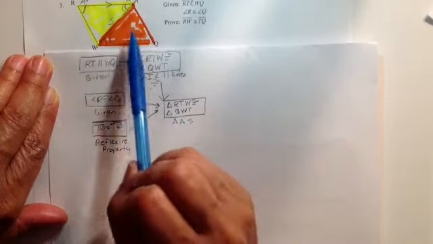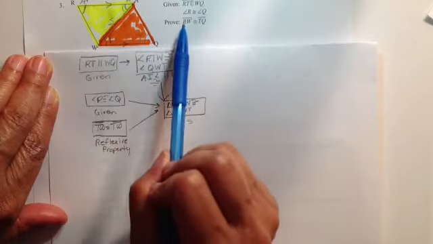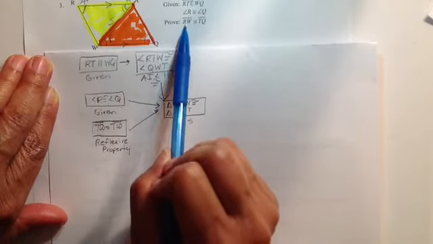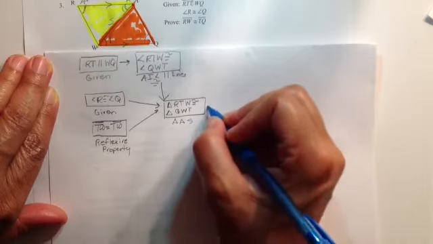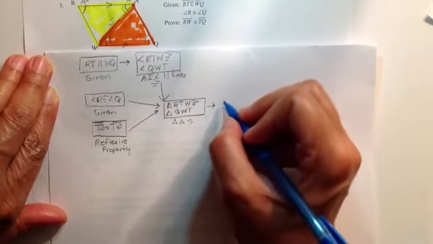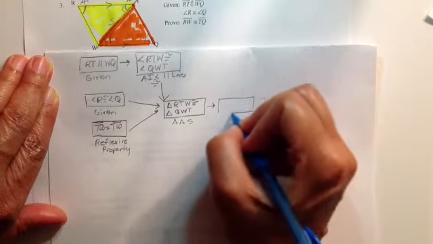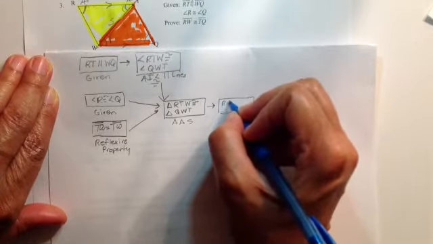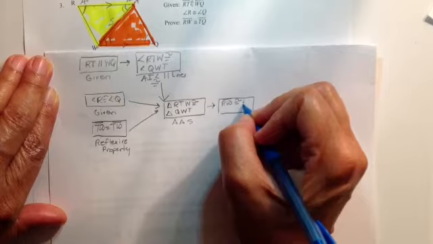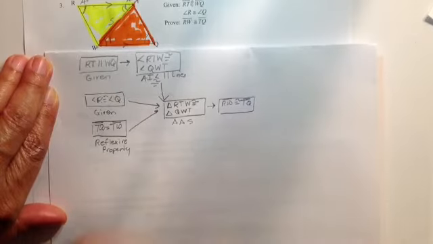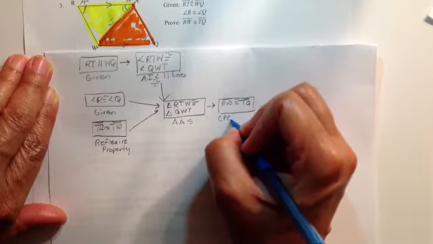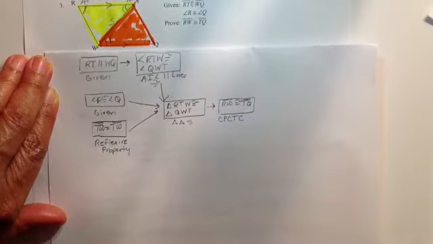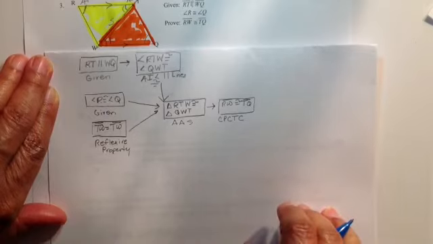Now that I've proven that both of these triangles are congruent, I can prove that RW and TQ are congruent. So I'm going to go on to say that RW is congruent to TQ. And why? Because of corresponding parts of congruent triangles are congruent, or CPCTC.